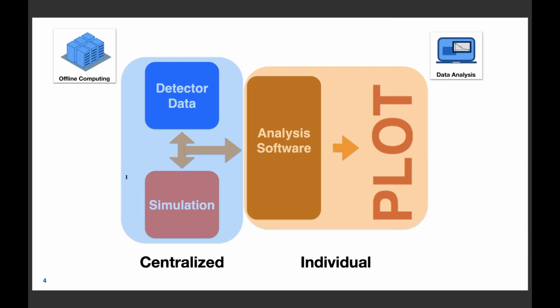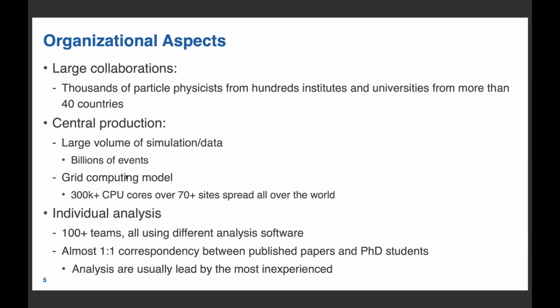So the big difference here is really how it is handled inside the collaboration. While the first part is centralized, the second part is really left to the individual. And let's just give some quick numbers to describe the context where this happens. These are usually large collaborations.